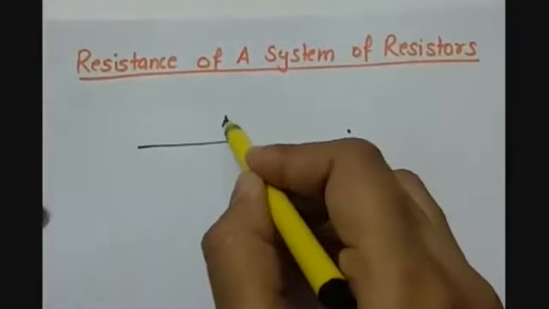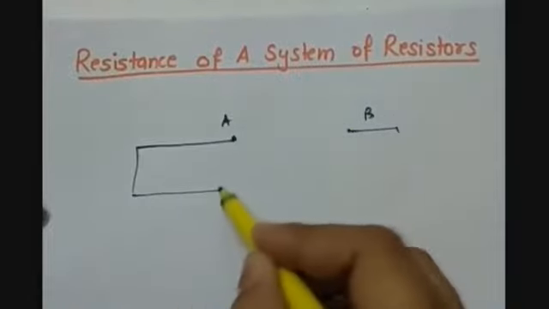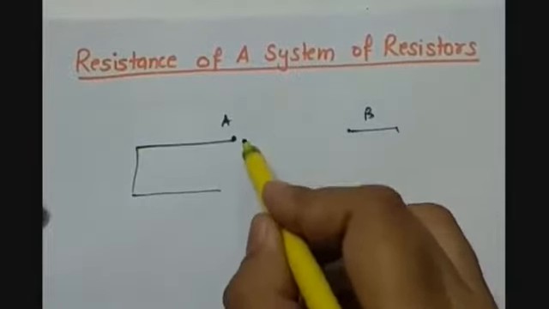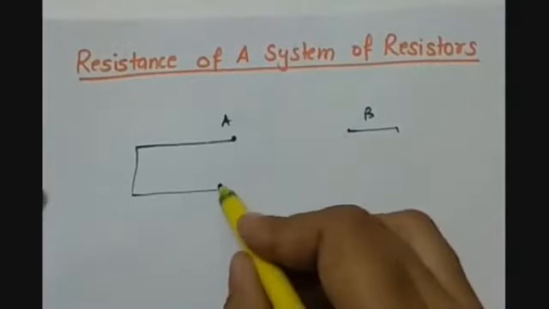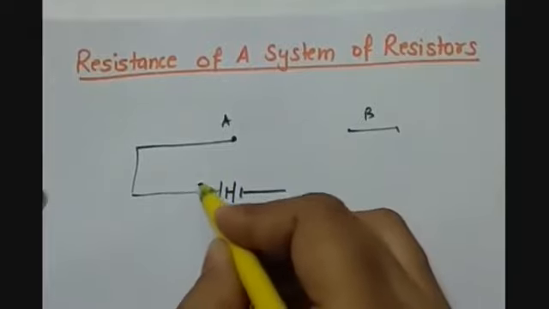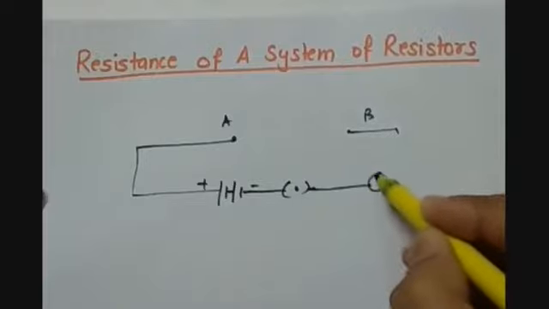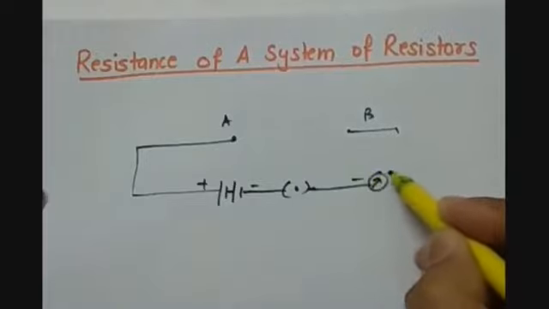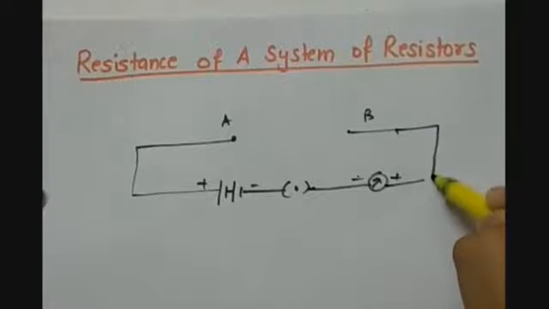Here are points A and B. At these points A and B, I'll connect my conductor or resistors, and I have one battery, a key and an ammeter, this way.